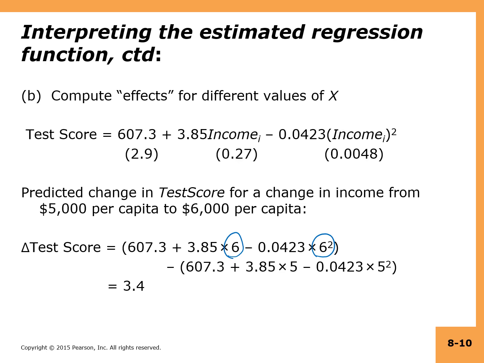We plug in 6 for income in the above function, and then we plug in 5 and see what the difference is, and we get 3.4. So this is saying that if the district income increases from $5,000 per capita to $6,000 per capita, the test score would increase by 3.4 points.